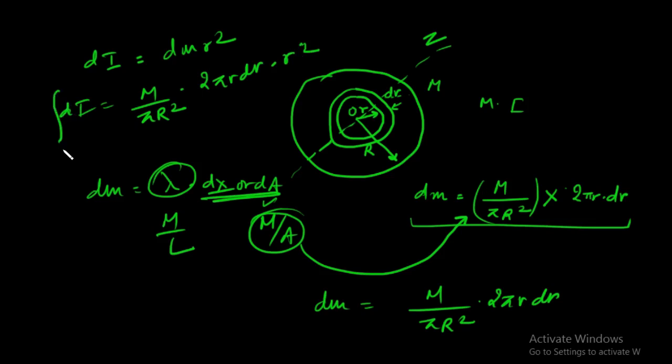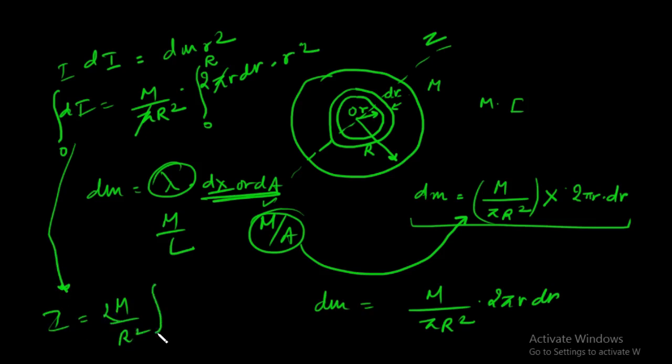And this will be integrated from 0 to capital R, because we are taking the whole disk. So pi gets cancelled over here, and this expression will be I equals 2m by r square, integration of r cube dr. This will go from 0 to R, and putting the limits, we have R to the fourth by 4.